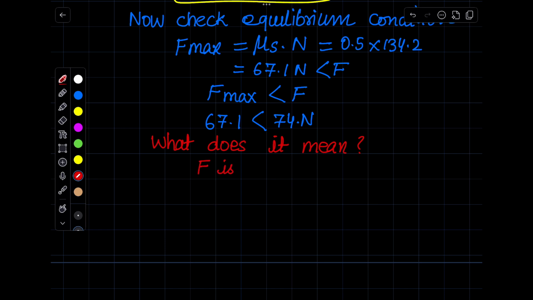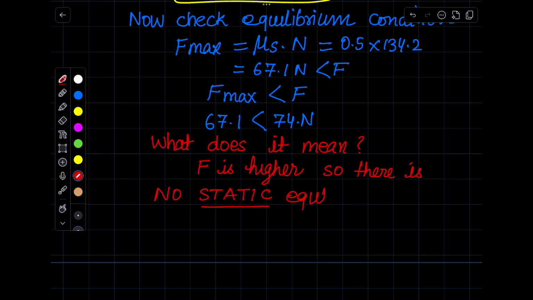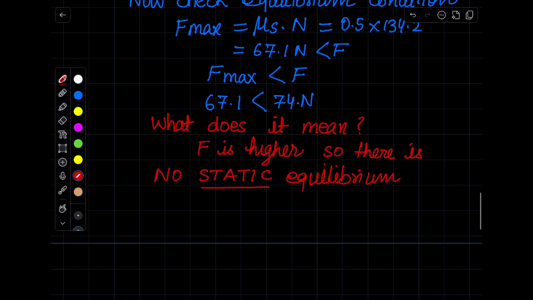At this moment, I cannot say whether the block is moving in the positive x direction or negative x direction, or simply in the right direction or the left direction. So we will calculate acceleration, and from that acceleration we can know in which direction this block is moving. Also, it means that when the block is moving, it is not in the static equilibrium condition.